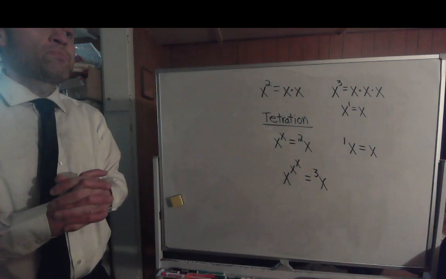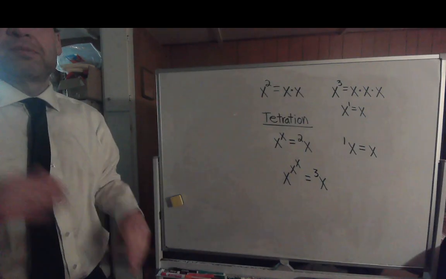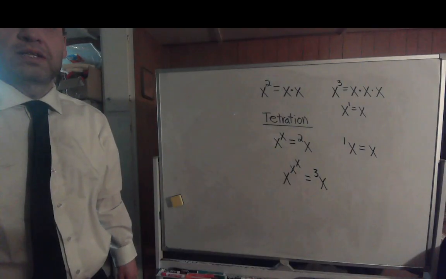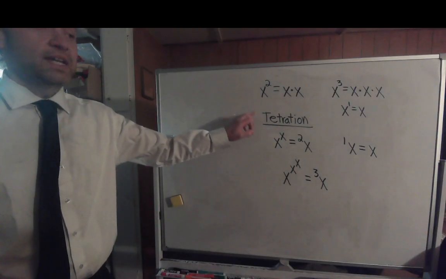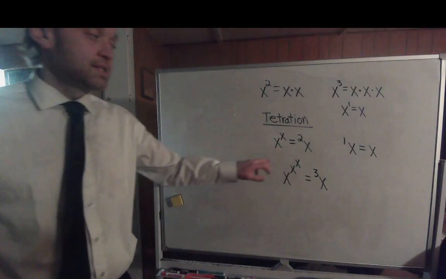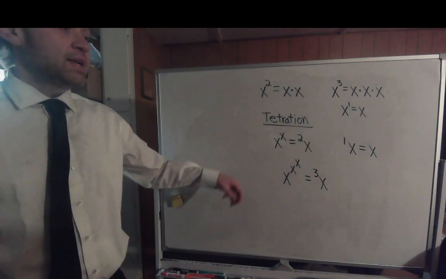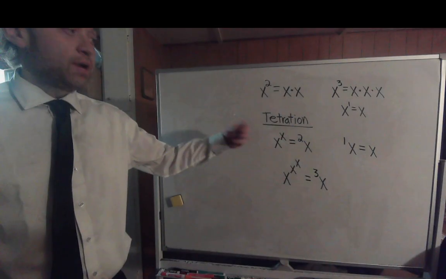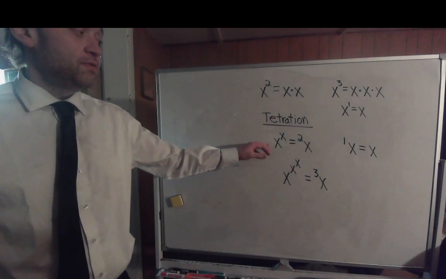Well, there's something like it for repeated exponents, when you raise a power to itself repeatedly. That's what's called a tetration. So if I have x to the x, that is repeated raising to a power of itself.